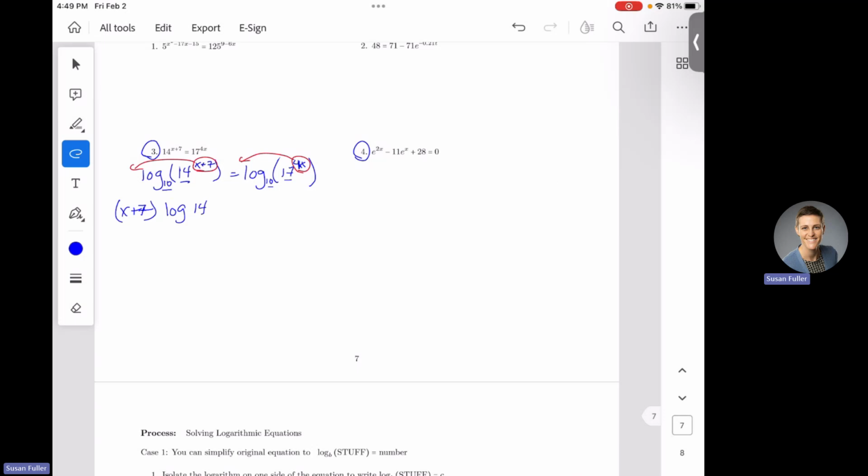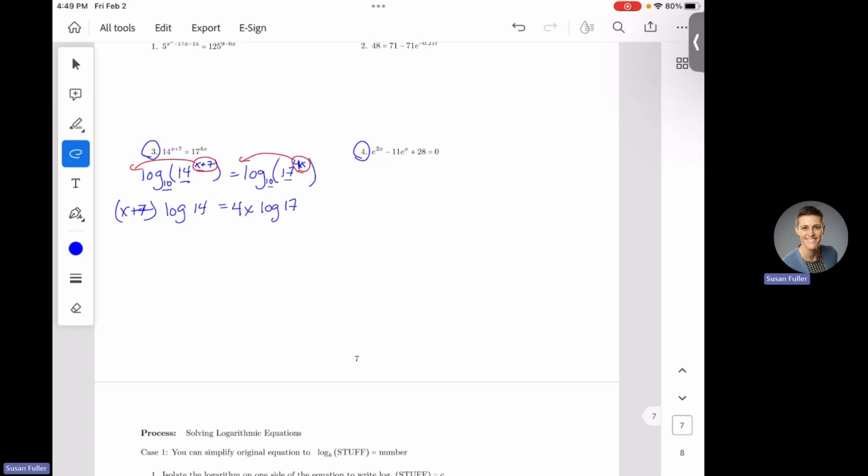Again, if you want to write the base of 10, write the base of 10. And then I'm going to move this 4x down, and I'm going to have 4x times the log of 17.